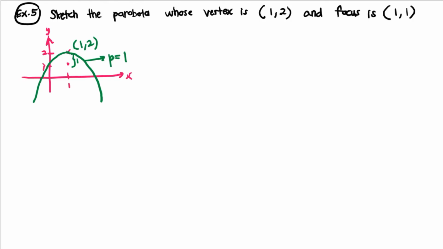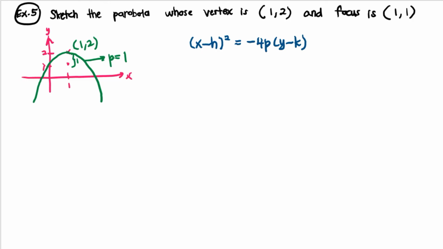So if we have this parabola opening downwards, we should have the form (x minus h) squared equal to negative 4p (y minus k).